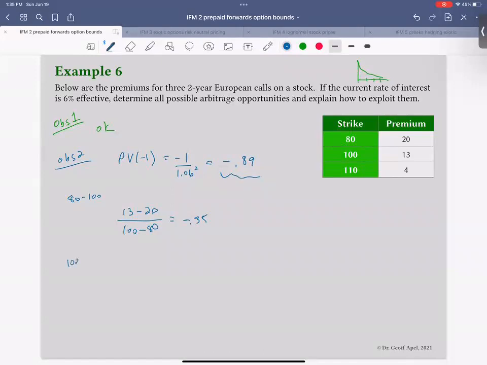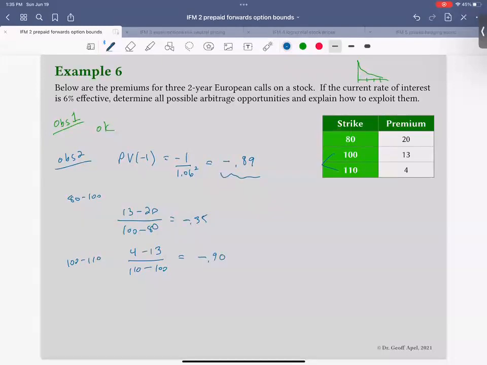What about 100 and 110? I would do 4 minus 13 over 110 minus 100. Let's see what we got there: 4 minus 13 over 10 is -0.9.